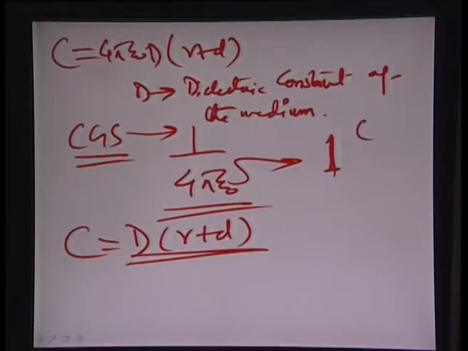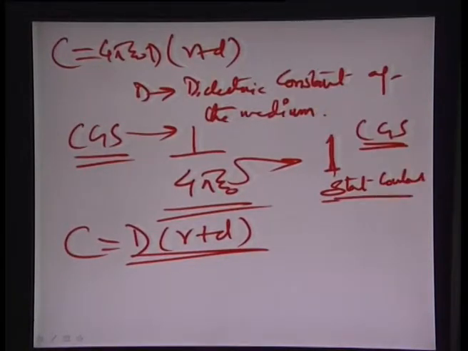By the by, in CGS units the unit of charge is quite different from our coulomb. It's called stat coulomb, and this accounts for this factor of 1 by 4 pi epsilon naught. One dyne force, dyne being a unit of force in CGS as we may recall, is essentially equal to the force between two stat coulombs of charges separated by a distance of 1 centimeter in vacuum.